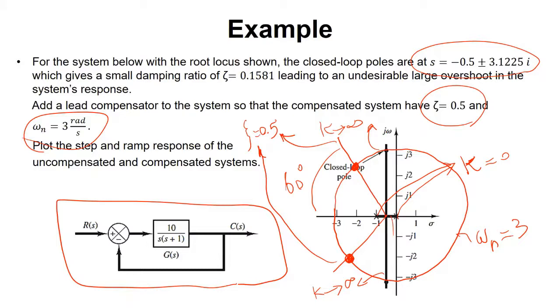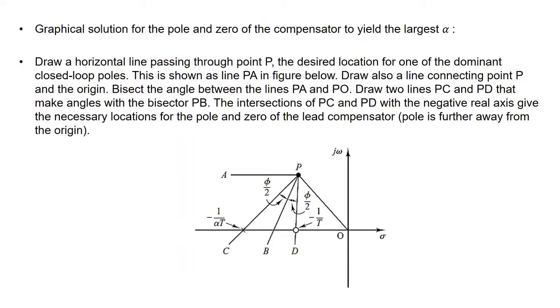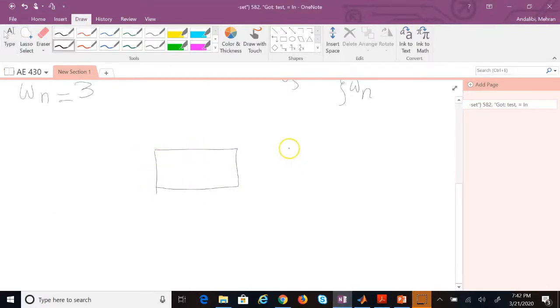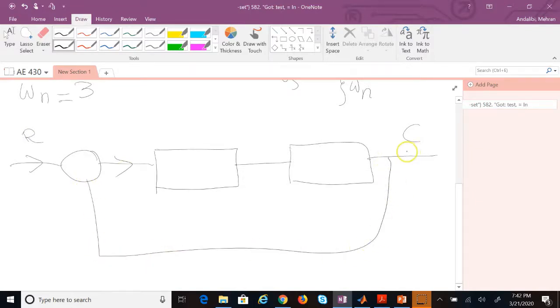I have to reshape this root locus, and the way that I do it is I add a lead compensator. So I say, this is my original system, over s times (s plus 1).